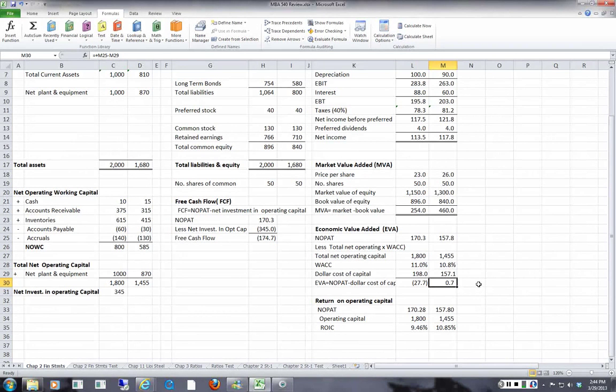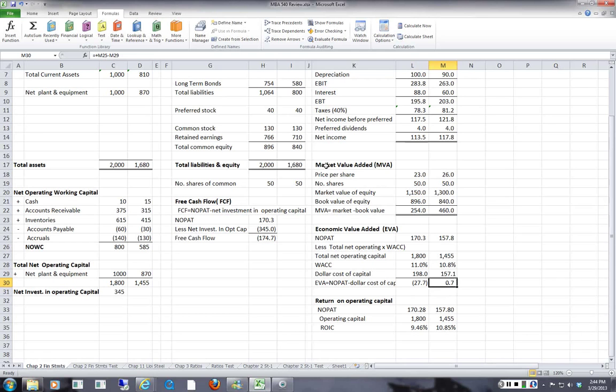Or yeah, if we say this is in millions, but I think you can get the gist of what I'm saying. So that's EVA, economic value added. So in 2010, the intrinsic value of the firm was devalued just a little. In 2009, the preceding year, it went up just a little, but it's about a wash.